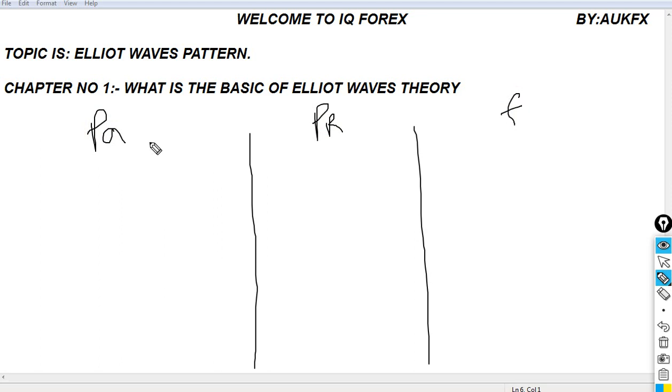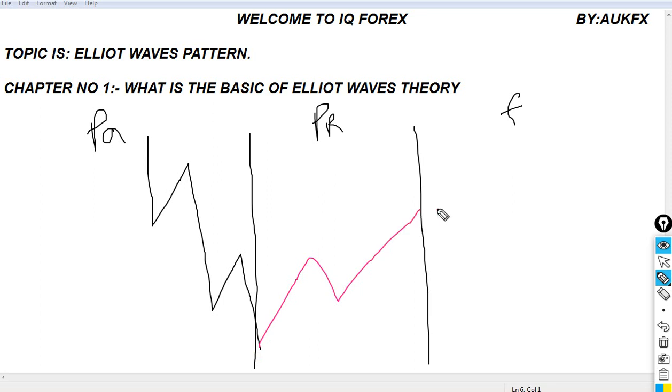In the past, I see that the market gives me an impulsive wave like this, right? Presently, I find a zigzag pattern, right? And in the future, I expect that I will see another impulsive wave.